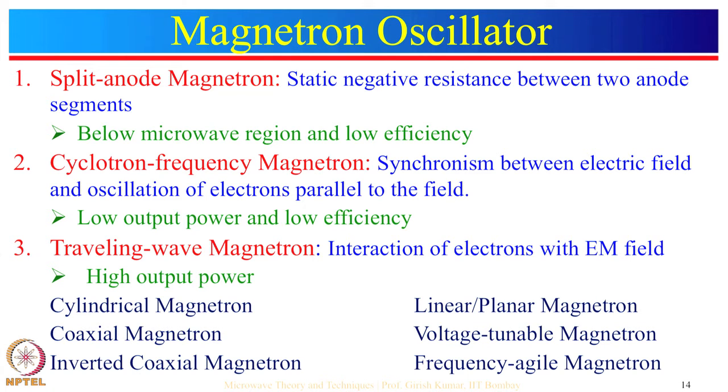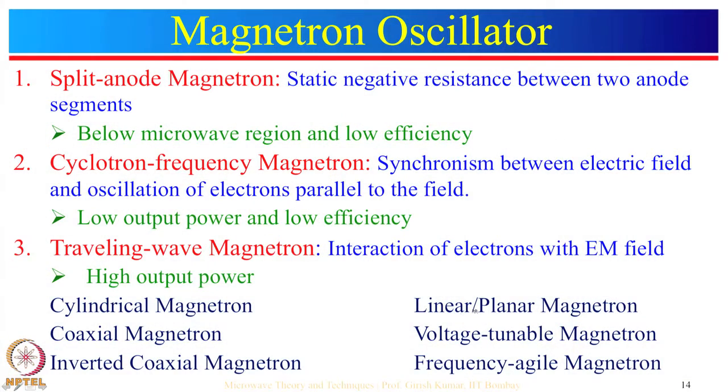There are many types of traveling wave magnetrons, such as cylindrical magnetron, linear magnetron, coaxial magnetron, voltage tunable magnetron, inverted coaxial magnetron, and frequency agile magnetron. The working of all of these types of magnetrons is somewhat similar, so we will discuss only the cylindrical magnetron.